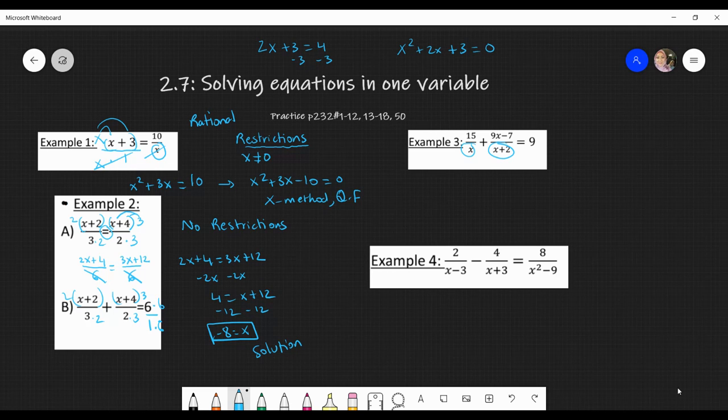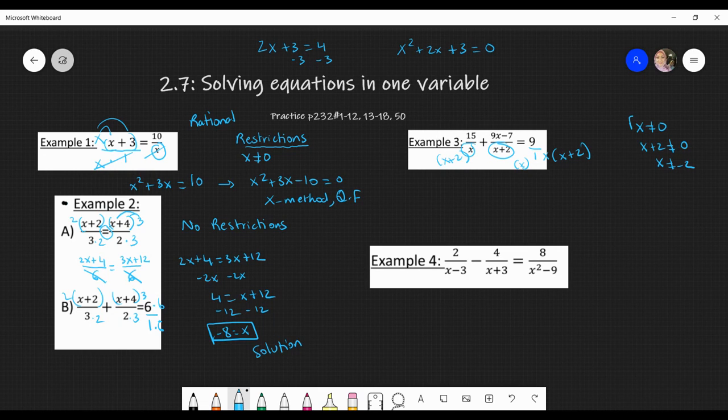Looking at example 3, I see x plus 2, I see x, I see 1. I want to make them all the same. So I'm going to multiply the first by x plus 2, the second by x, and this one by all that it's missing, x and x plus 2. The restrictions: the denominator cannot be 0, so I have two denominators that have a variable in them.